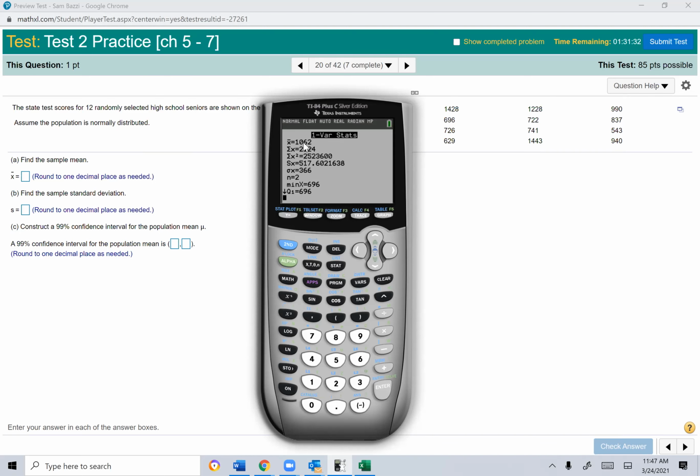It will give you X bar, and it will give you S, which is the standard deviation. These are not accurate, guys, because I didn't put the entire data set. Then when you do the interval, you go to stat, tests, T interval, and then data, because I have data sets, L1, and then just change this one to 99 and hit calculate, and you should get the interval.